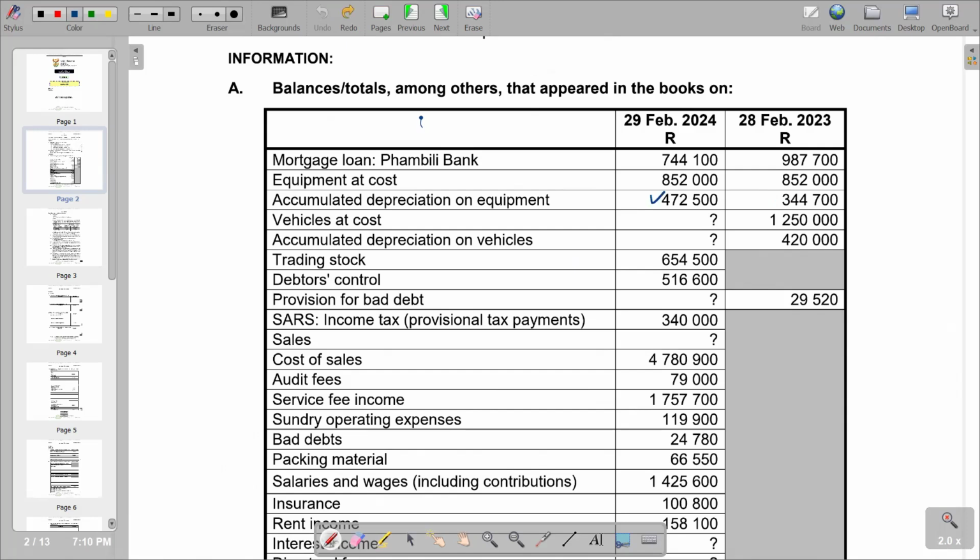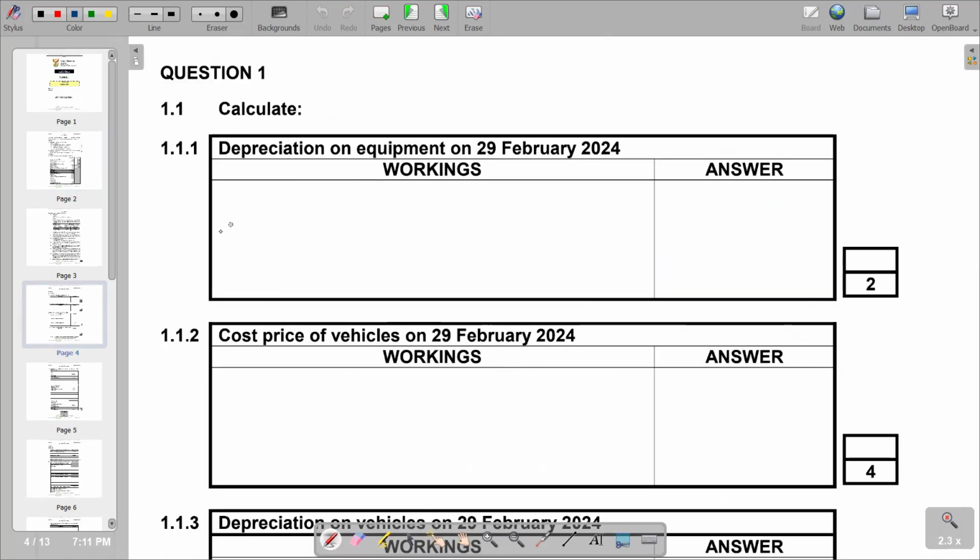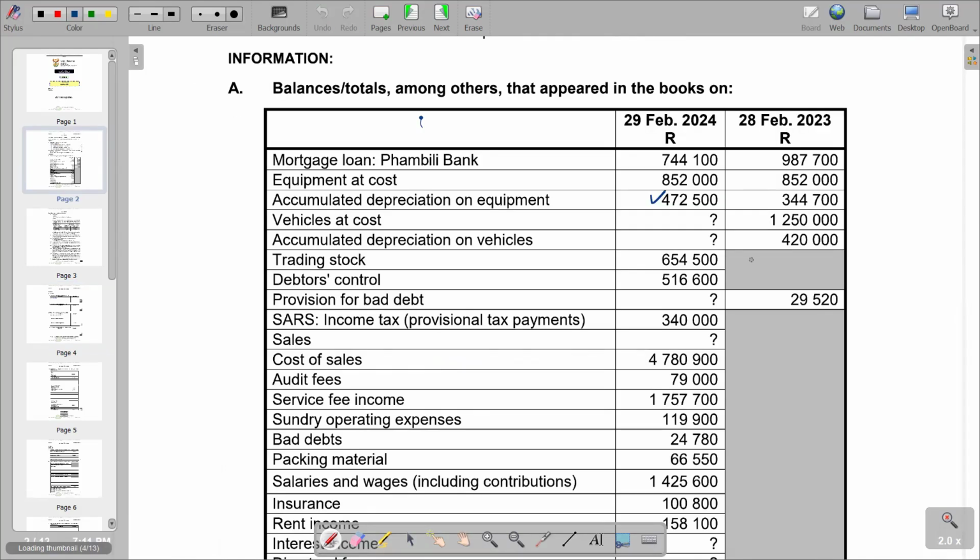So we can easily find the depreciation for the period: the accumulated depreciation balance at the end minus the accumulated depreciation balance at the beginning. So we are saying 472,500, and then we subtract 344,700. Going to our answer section, for the depreciation of equipment, we are saying 472,500 is given here minus 344,700.